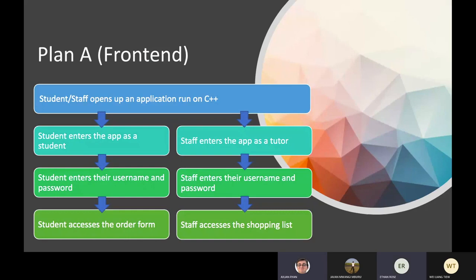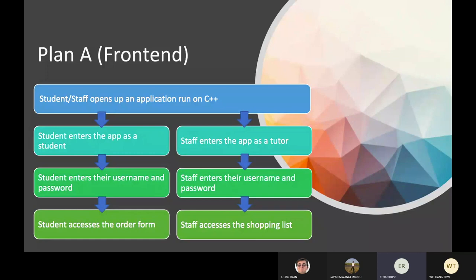Thank you, Julian. Our plan A is the plan we decided on during creating our technology stack. It centers around C++. The front end of our plan A is that students and staff would have an application on their phone or the computer.